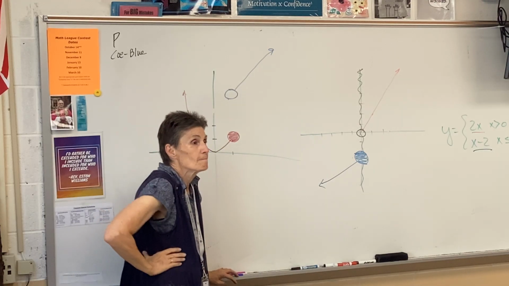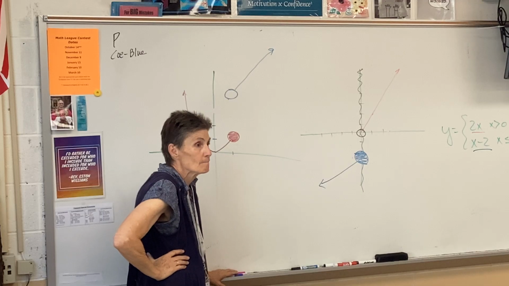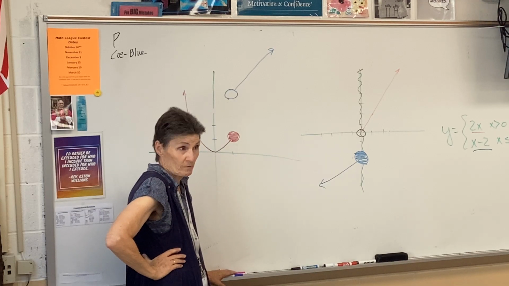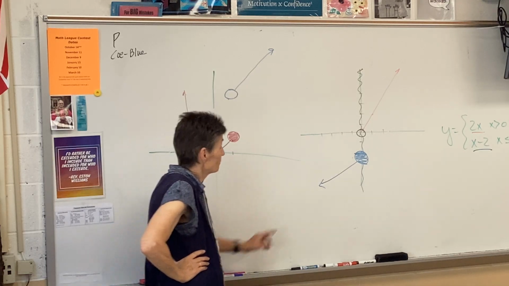Gabby? How did you get that graph for 2x? A line with a slope of 2, so up 2 over 1. Up 2.